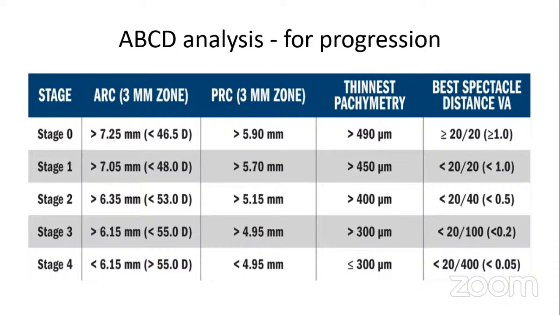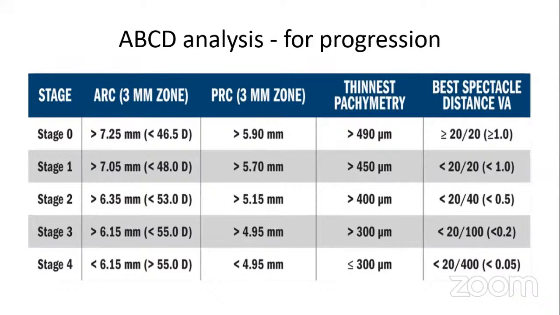That map is designed to differentiate a normal case from a keratoconus case, whereas this map is exclusively to know about progression, in which we have already diagnosed the keratoconus and then want to know if the keratoconus is progressing or not. Then we use the Belin ABCD progression display map.